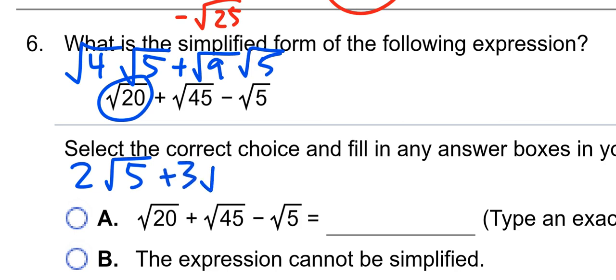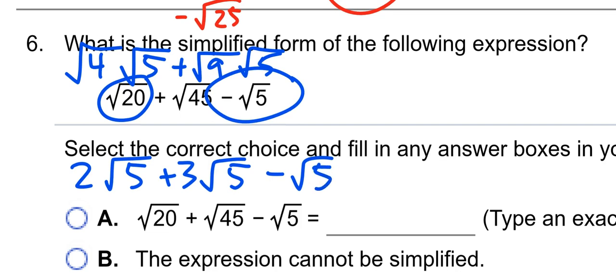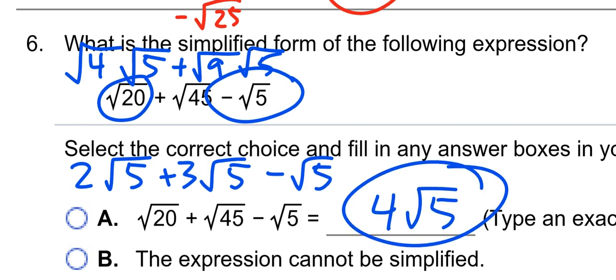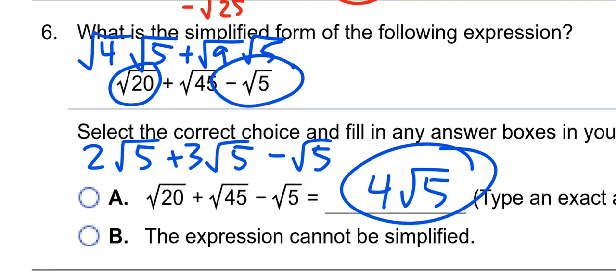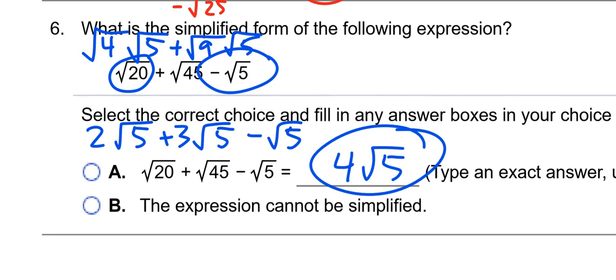So 3 radical 5. And then, of course, you got minus radical 5. How many radical 5s is that? Nope. Add them up. 2 plus 3 minus 1. 4 radical 5s. Please make sure you're writing things down as we go.